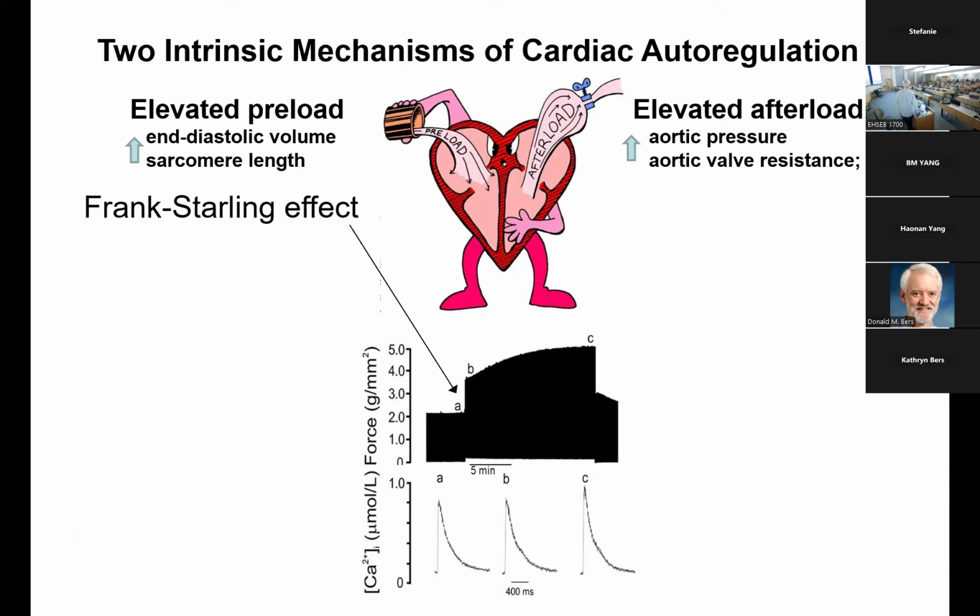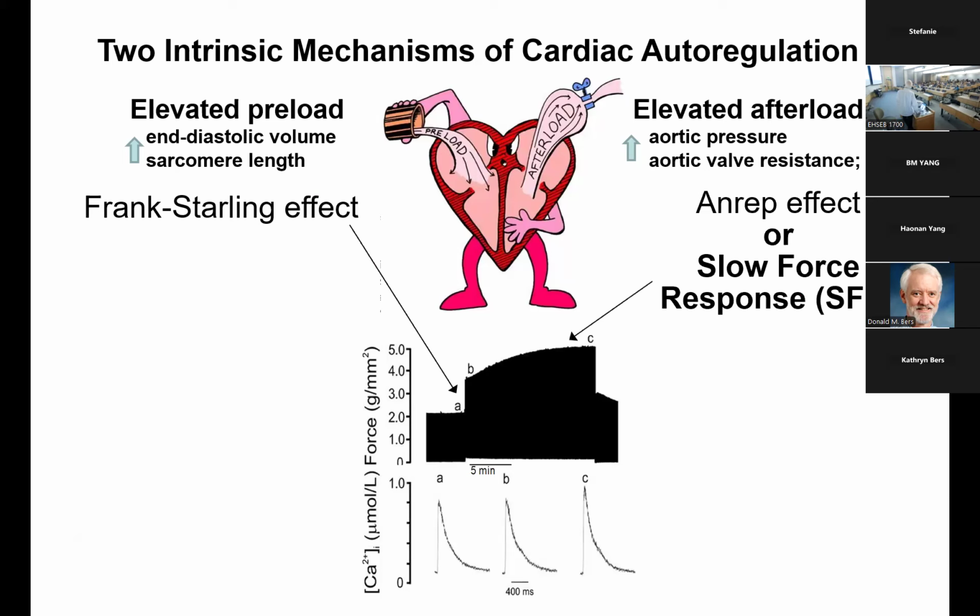That's very familiar to all of us in learning about how the heart autoregulates. Another way that the heart can autoregulate is when there's an elevated afterload. That's often referred to as the Anrep effect, or slow force response, where gradually the force builds up after the stretch. It's a calcium-dependent increase in force development without changing sarcomere length.